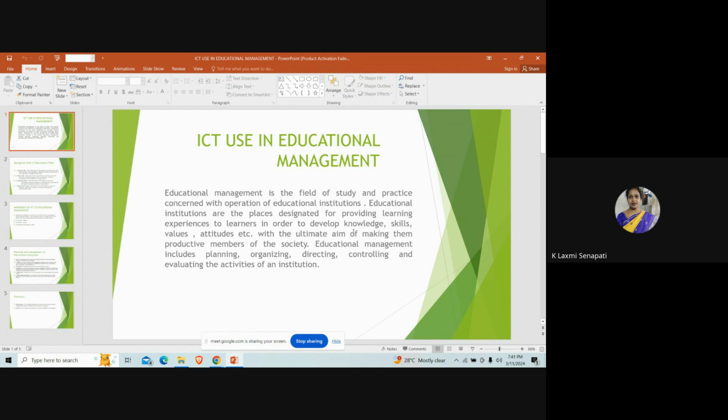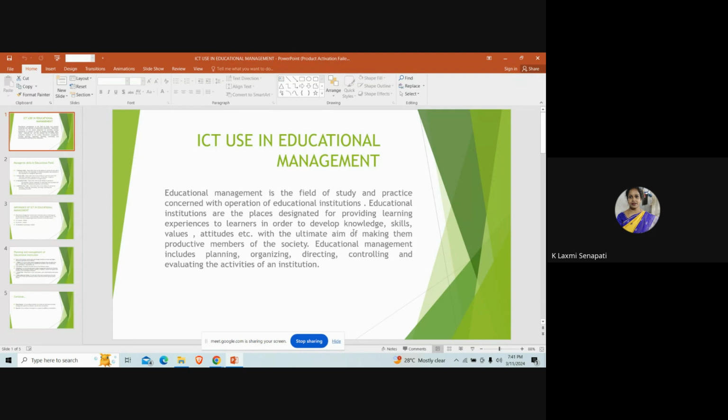And nowadays different group clubs are there, so there is so much workload. So we have to plan for that. These are the duties, the works assigned to us, so we have to plan for that.